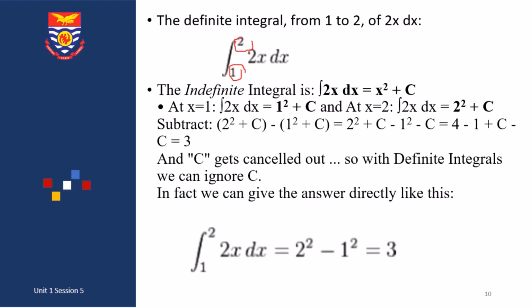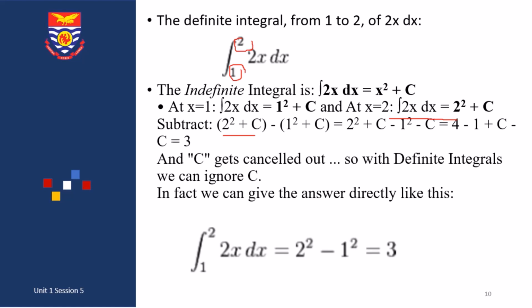So for instance, the definite integral from 1 to 2, which means at x equal to 1, what will be the integral? At x equal to 2, what will be the integral? After we are done with this, we need to subtract. 2 squared plus c, which is the integral of 2x.